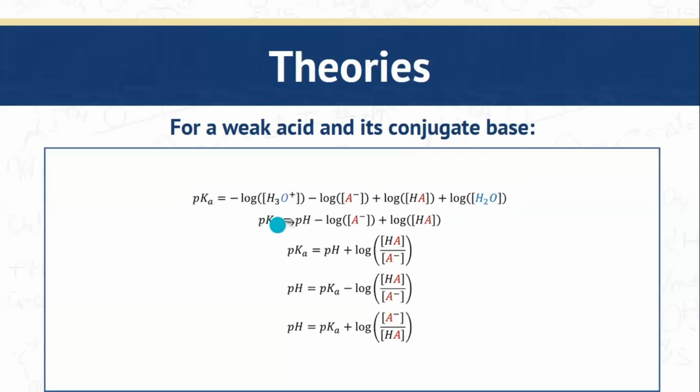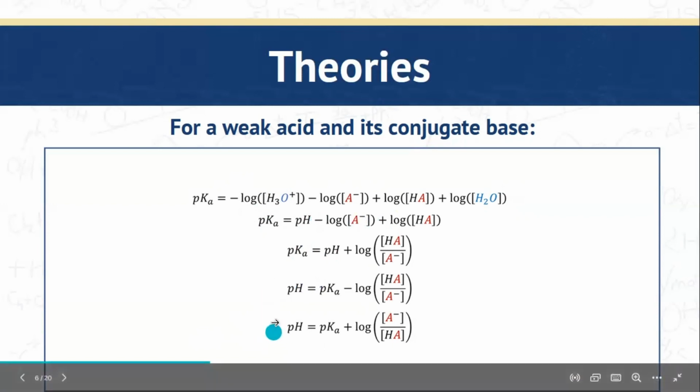We simplify the terms. We put the pH on the left-hand side, the pKa on the other side, alongside the log values. We combine the logarithmic terms and we get this form. pH is equal to the pKa plus the logarithm of the conjugate base divided by the acid. This is the first form of the Henderson-Hasselbalch equation for a weak acid and its conjugate base.